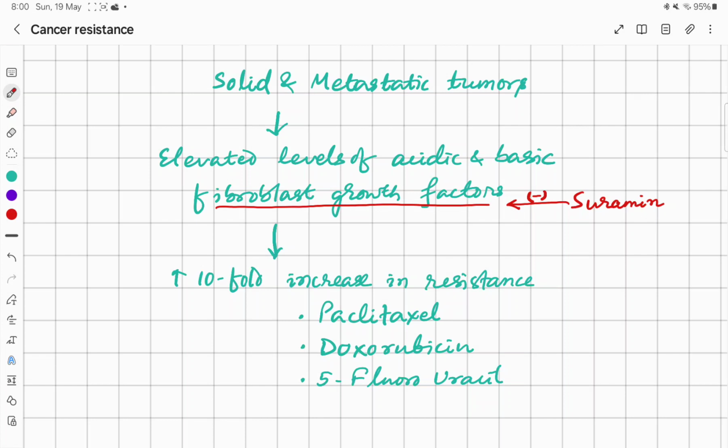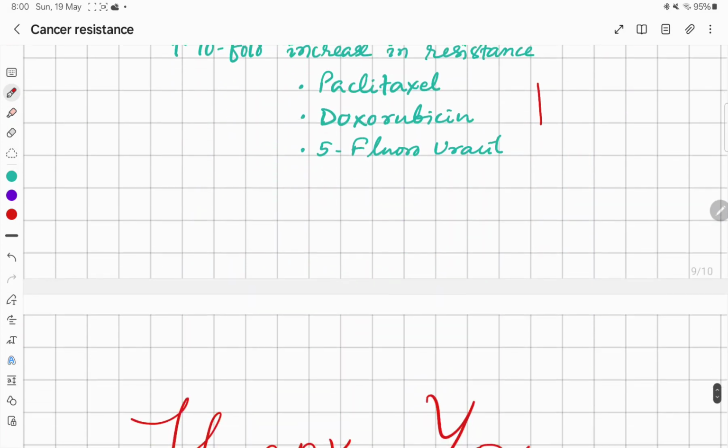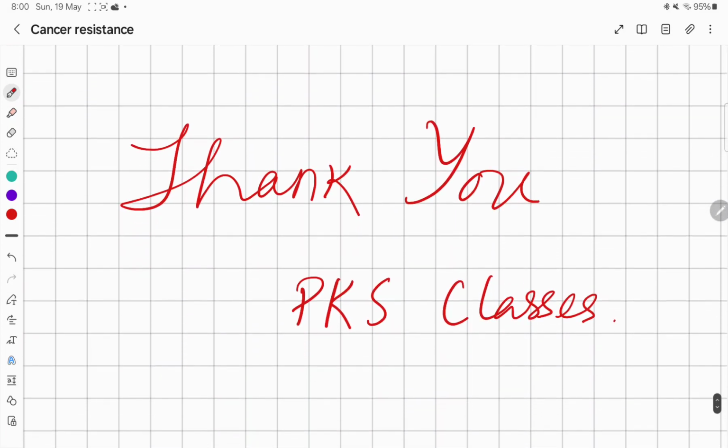For drugs like paclitaxel, doxorubicin, and 5-fluorouracil, there can be a tenfold increase in resistance due to elevated levels of fibroblast growth factors. So suramin, a known inhibitor of fibroblast growth factor, can reverse this resistance. So this is all about the mechanisms of resistance to anti-cancer drugs. Thank you.